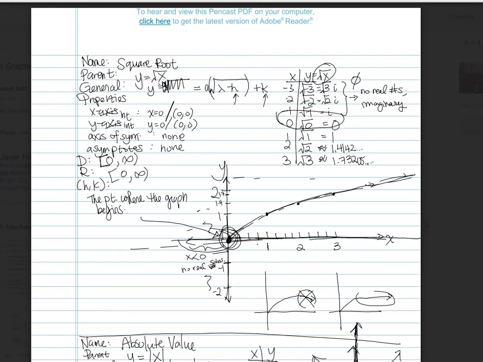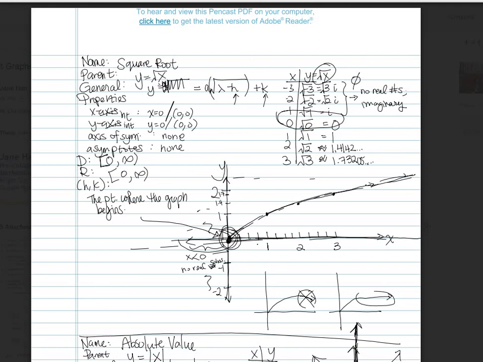Now, the square root of 0 is just 0. The square root of 1 is 1. And the square root of 2, well, we're not exactly sure what the square root of 2 is. We could estimate it, which is 1.414 after plugging into a calculator. So let's plot this. 0, 0.